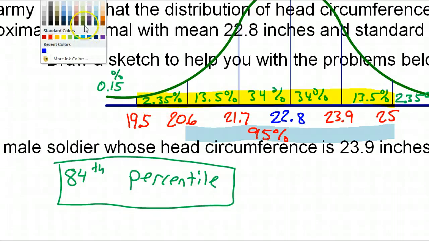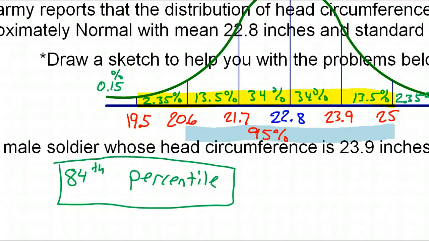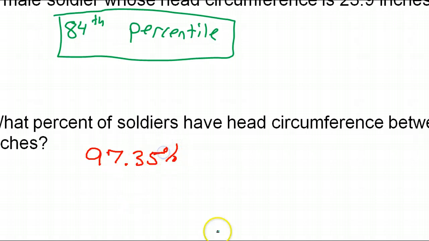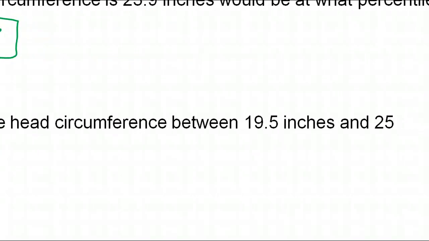So all I have to do is add on that one more little zone, and then I'm golden. That's going to be 97.35% altogether. Okay, that's the answer to part B.